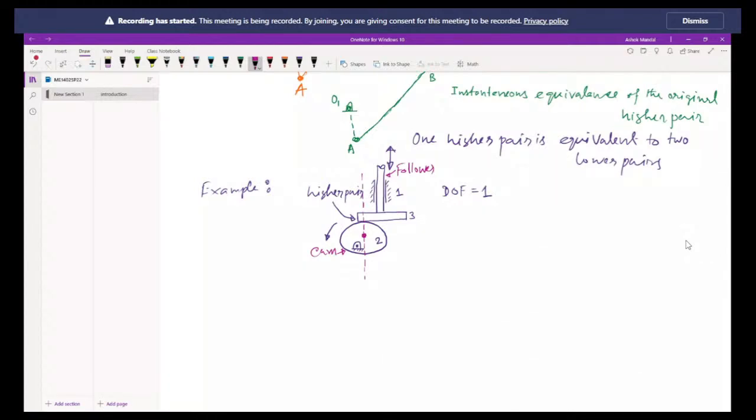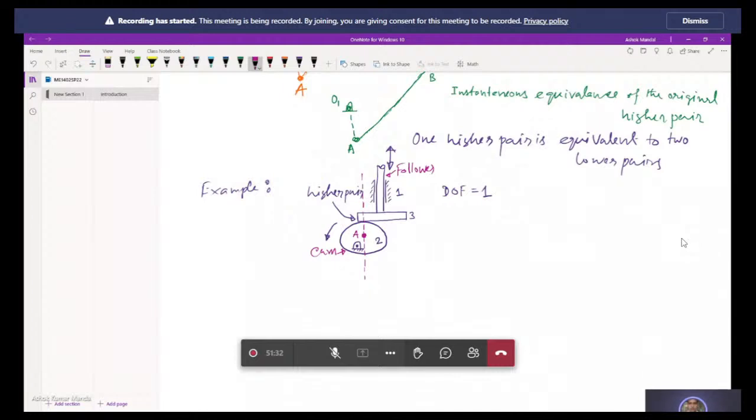The center of curvature of the cam, point A, is here. But where is point B, the center of curvature of the follower surface? At infinity. So point B is somewhere at infinity, right?